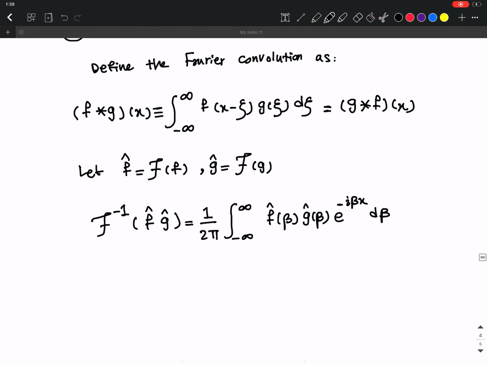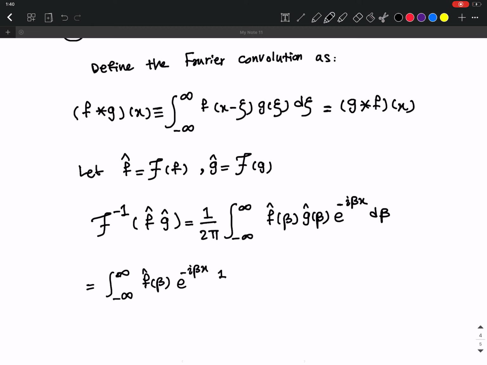Okay, so this equals the integral from minus infinity to infinity. I just rearrange the terms. I'm going to get f hat beta times e to the minus i beta x, and then what I'm going to do is the rearrangement of these, I'm just going to write the formula for this.